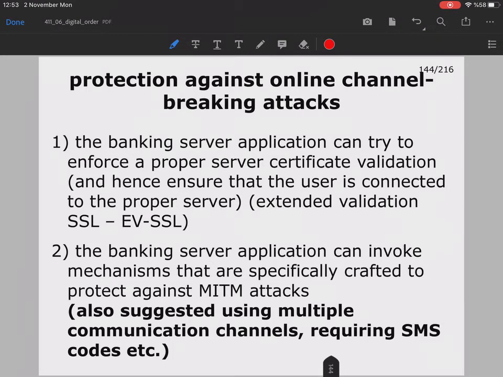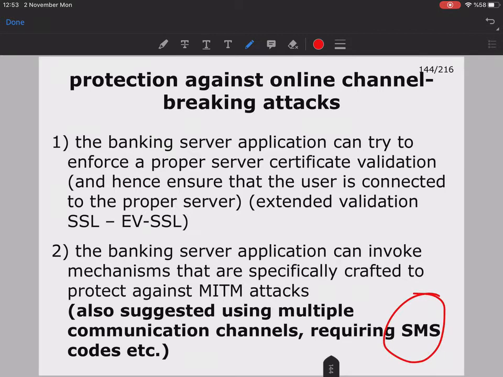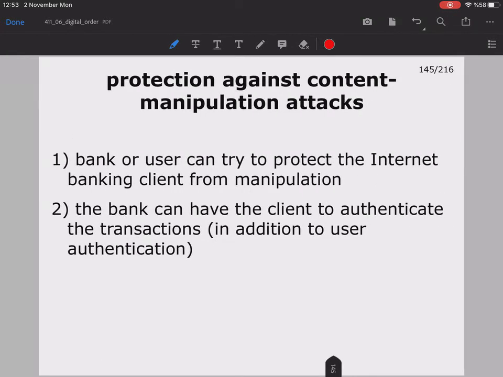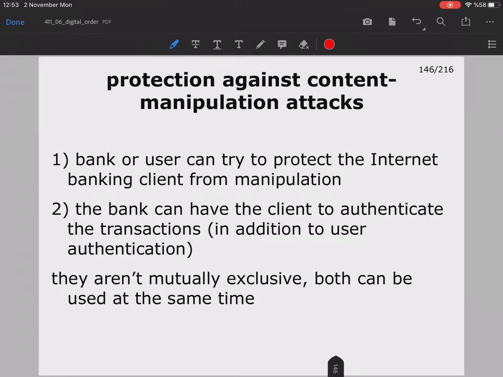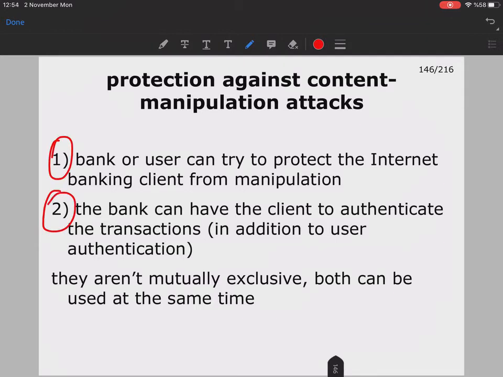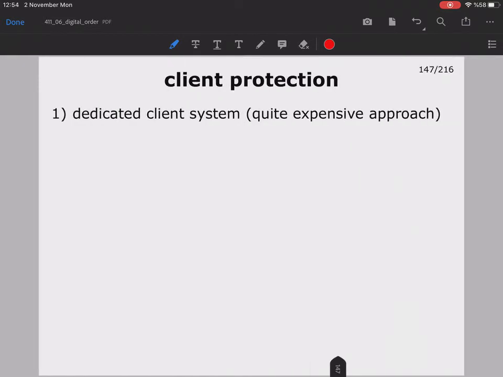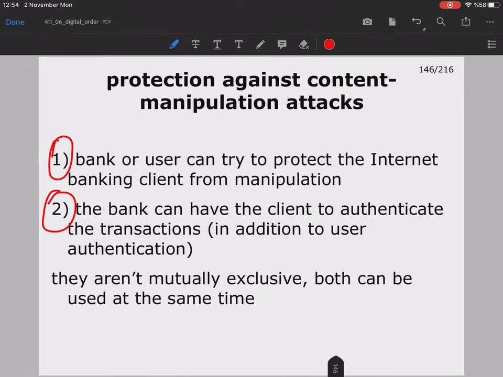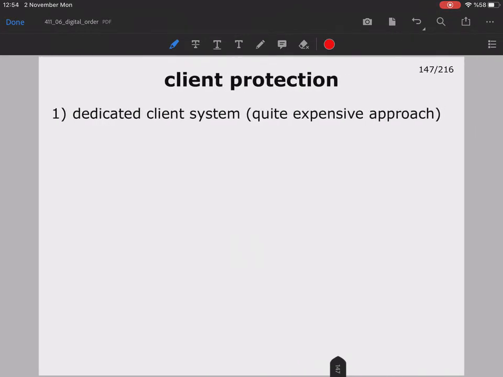It is also suggested using multiple communication channels. For example, this one is very popular, requiring SMS codes as well when you're trying to connect. We should say that these are not mutually exclusive. You can use both layers of protection at the same time, which makes your system much more reliable. So these are done for content manipulation attacks.